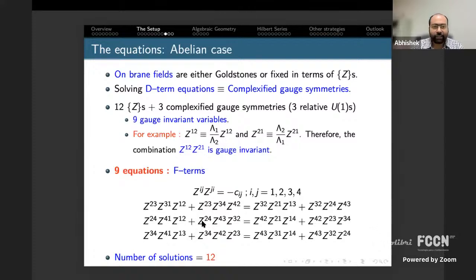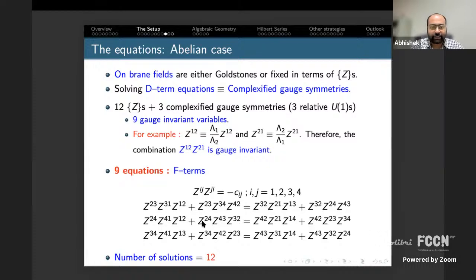Let me just quickly say something about the abelian case. In the abelian case, you have these 12 Zs, and then you also have these 3 complexified gauge symmetries. There are 4 U(1) charges for the 4 D-branes. One of the U(1)s is the relative U(1), the overall motion, so we do not count that. To figure out the supersymmetric ground state, you have to put all the D terms to 0 and all the F terms to 0 for this Lagrangian.